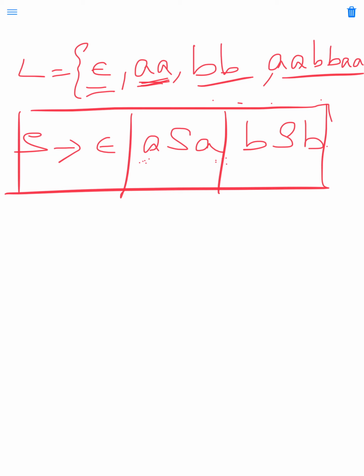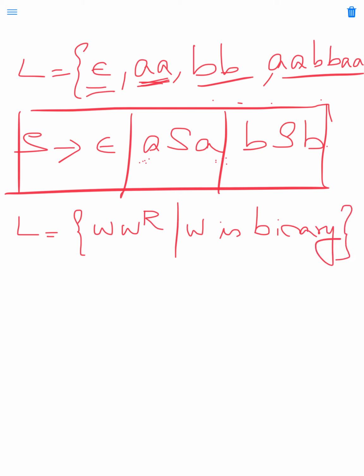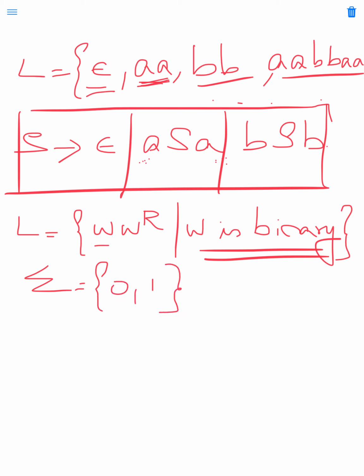Same concept you can do for another one, that is L is equal to W W raised to R such that W is binary. What is the grammar that can be generated for this language? W is binary, which means sigma is the set 0, 1. So W will be formed using these zeros and ones.